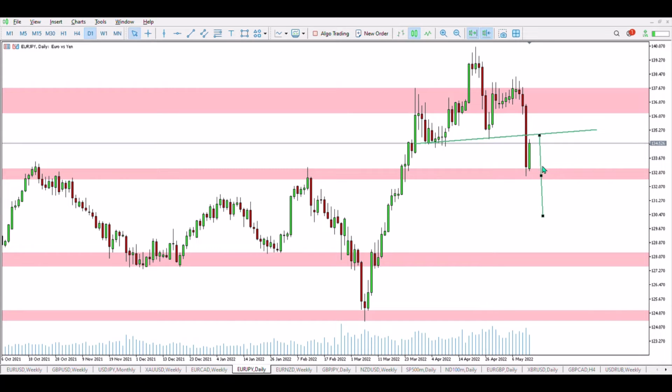So let's see, the price goes back a little bit more, and then if it decides to make another bearish move, then we can target this zone right here, this support area. That would be a nice trade.